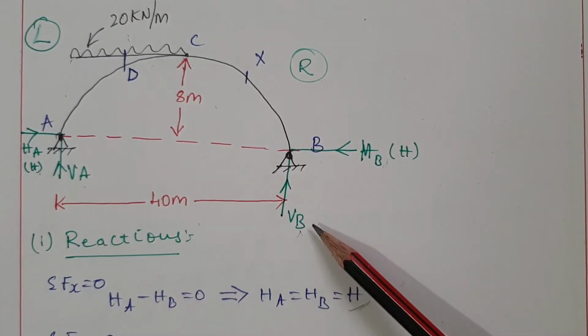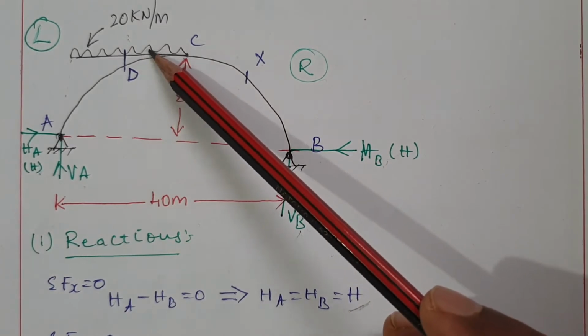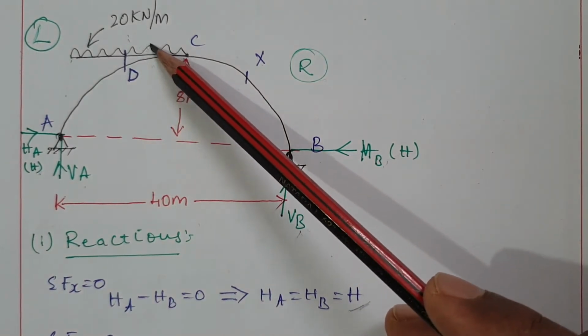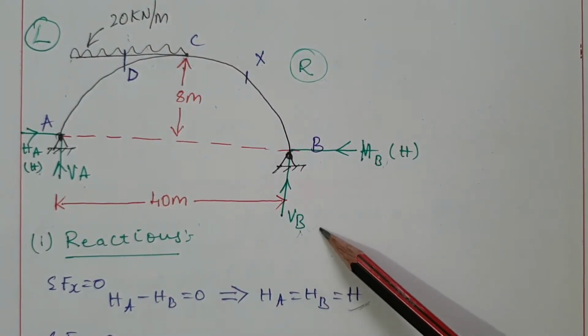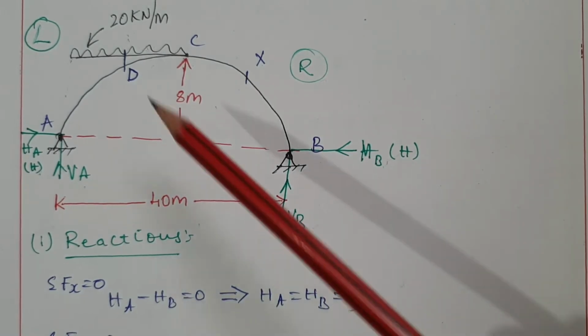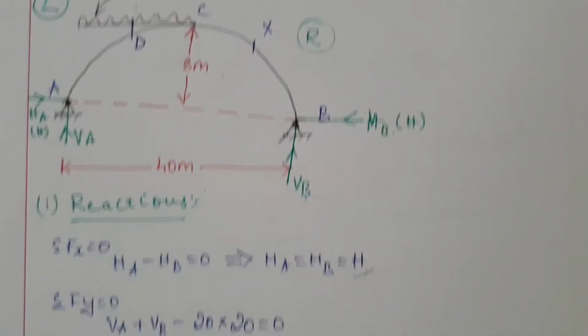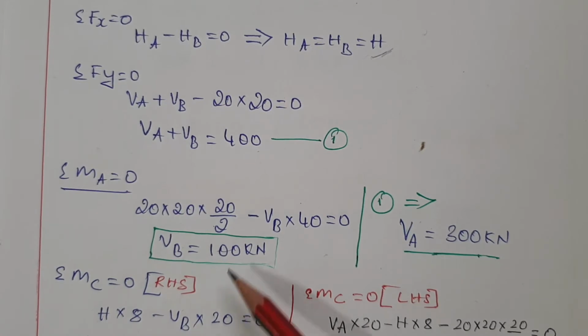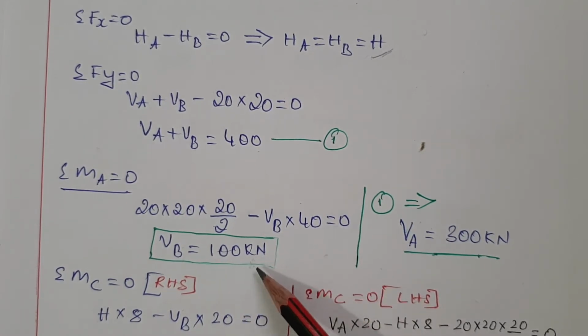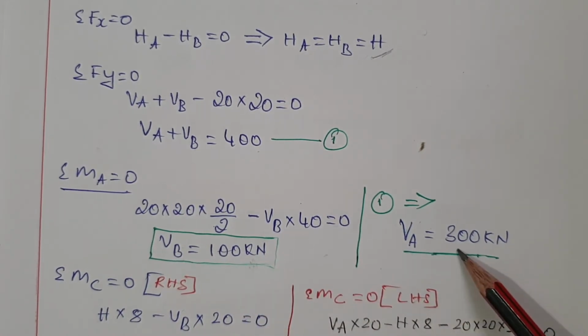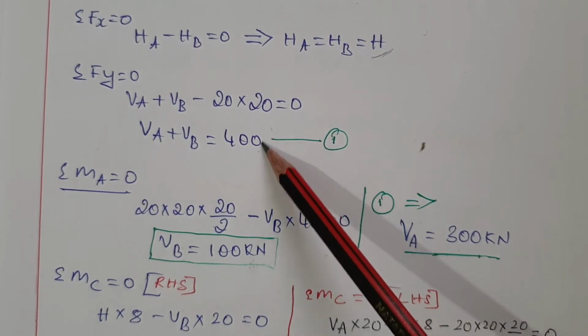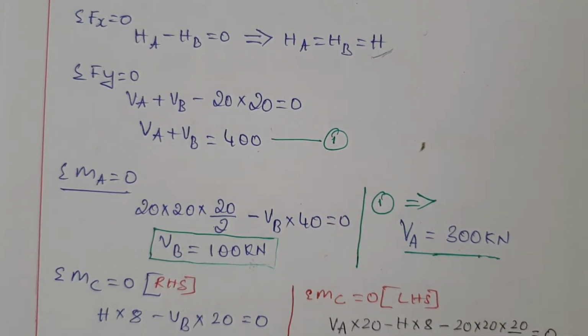VB tends to rotate clockwise, so it is positive. That is what I have shown here. From this equation we get VB, and if you substitute the VB value in the earlier equation, you get VA.